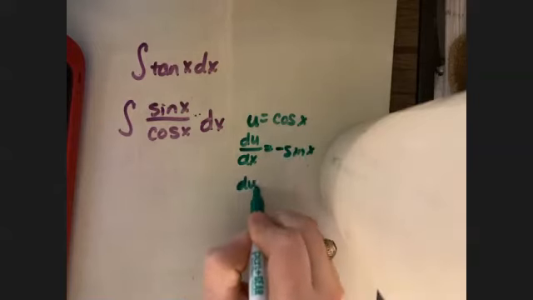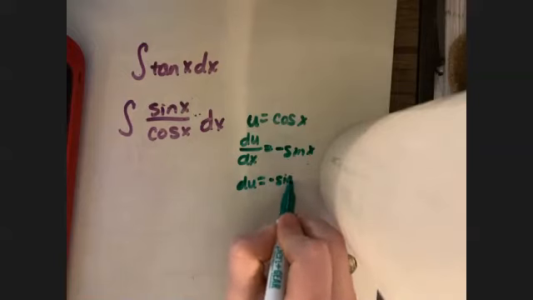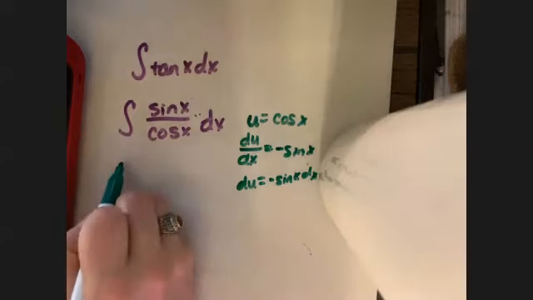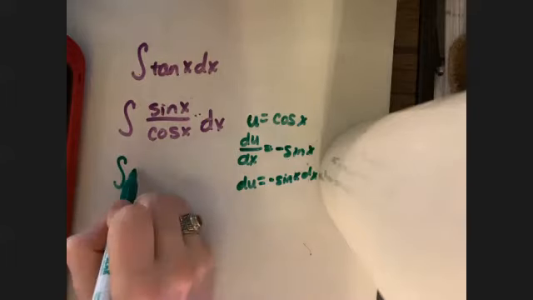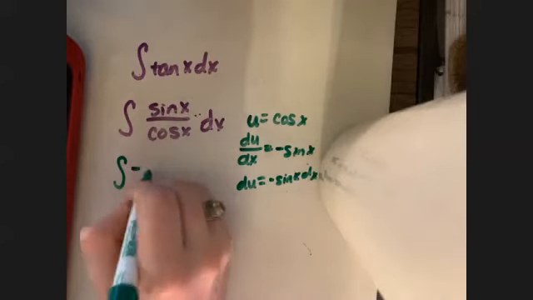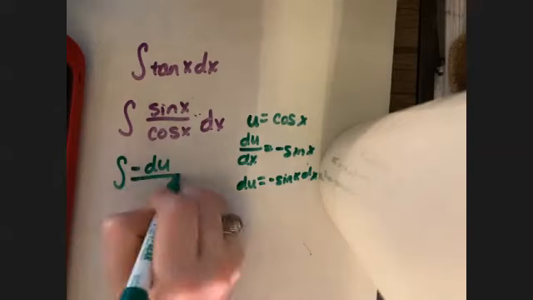So du is negative sine x dx. Going back over here, we're going to have to pick up a negative. Sine x dx is du over u.